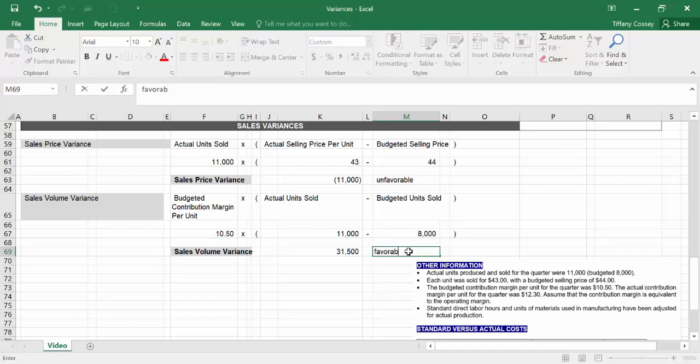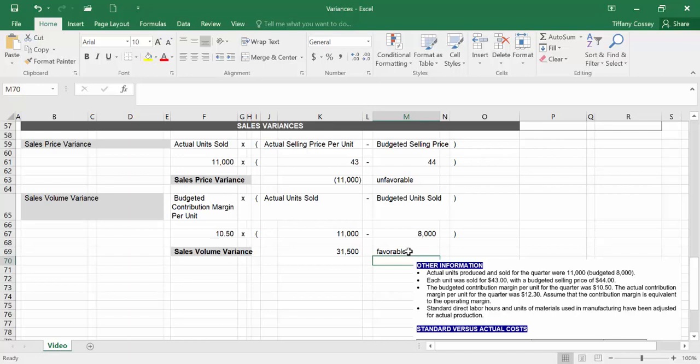If this was one of our expense variances, it would be unfavorable. But a favorable variance here is something that's positive, and it means that we either sold more than we thought that we were going to, or we sold it for more than we thought that we were going to. In this case, since this is our sales volume variance, it means that the change is due to a change in volume.